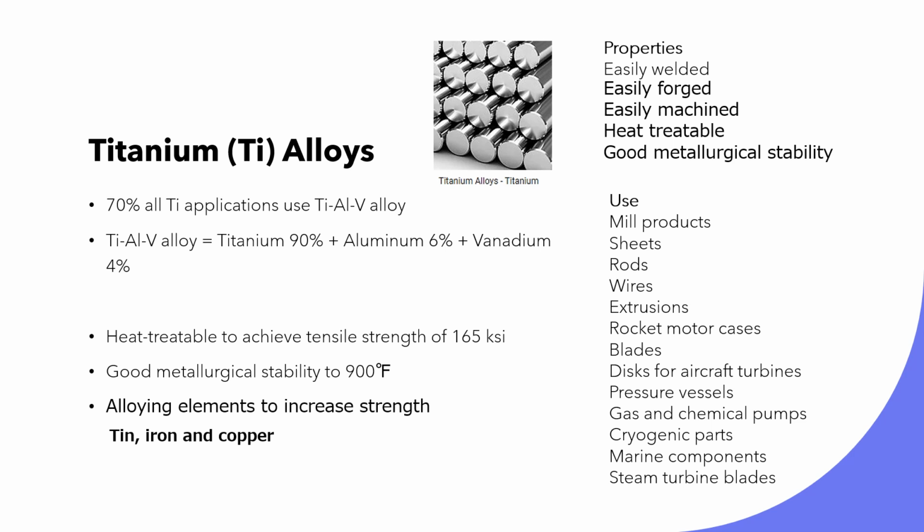We usually add alloying elements to increase the strength. So what else can we add? We can add tin, iron, and copper. But this is a common titanium alloy. You can also add tin, iron, and copper to increase the strength, so it depends on where you want to use it.